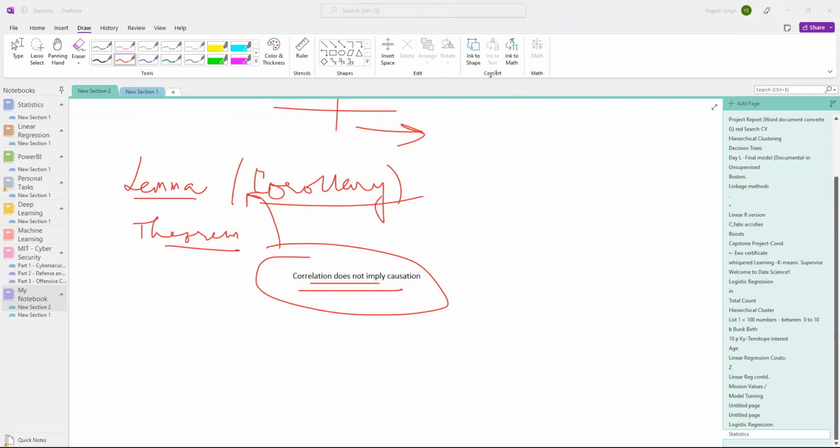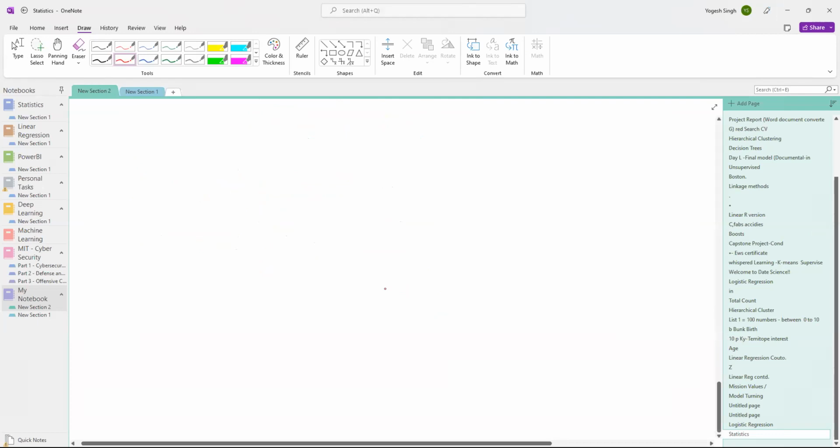Okay. Let's start with this. We'll start with probability. So what do you mean by probability? What is the meaning of probability? क्या समझता है probability से?